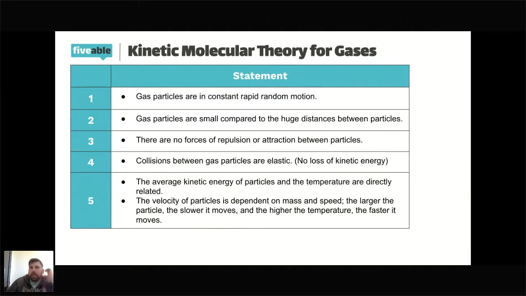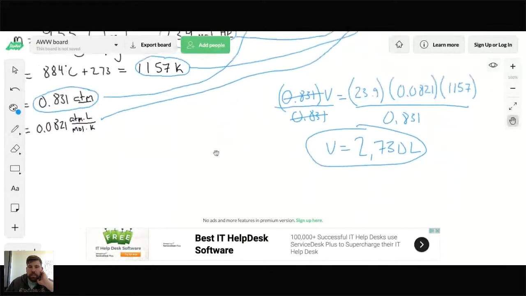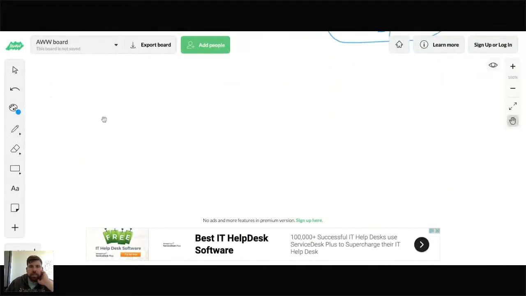One other thing that might come up, and since I have some time, I'll do this. Let me go ahead and share with you guys my whiteboard for one last thing here. One thing that we can relate the kinetic molecular theory to is something called the Maxwell-Boltzmann Distribution. The Maxwell-Boltzmann Distribution is a graph showing the relative velocity or kinetic energy of particles.